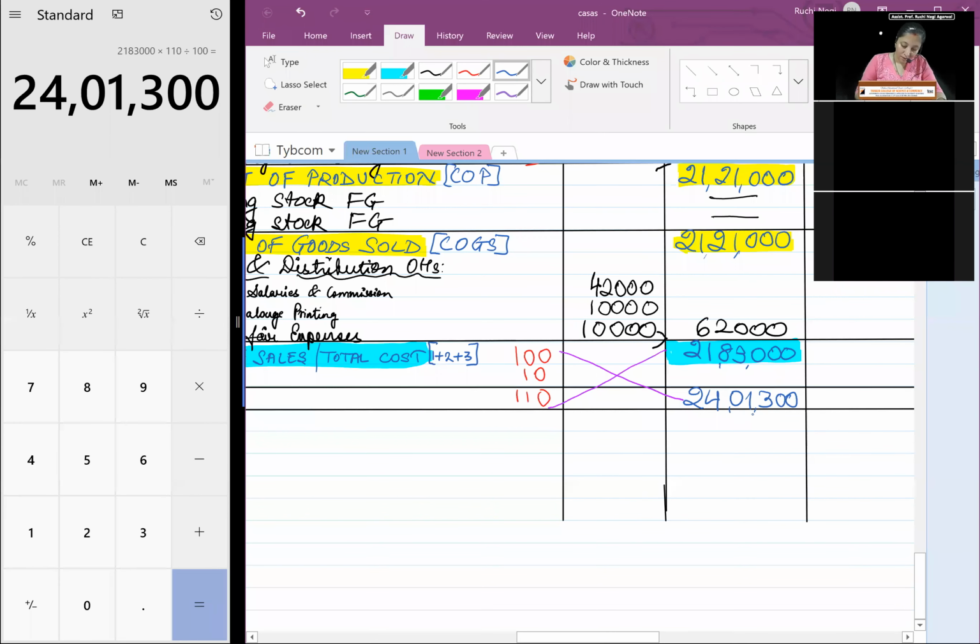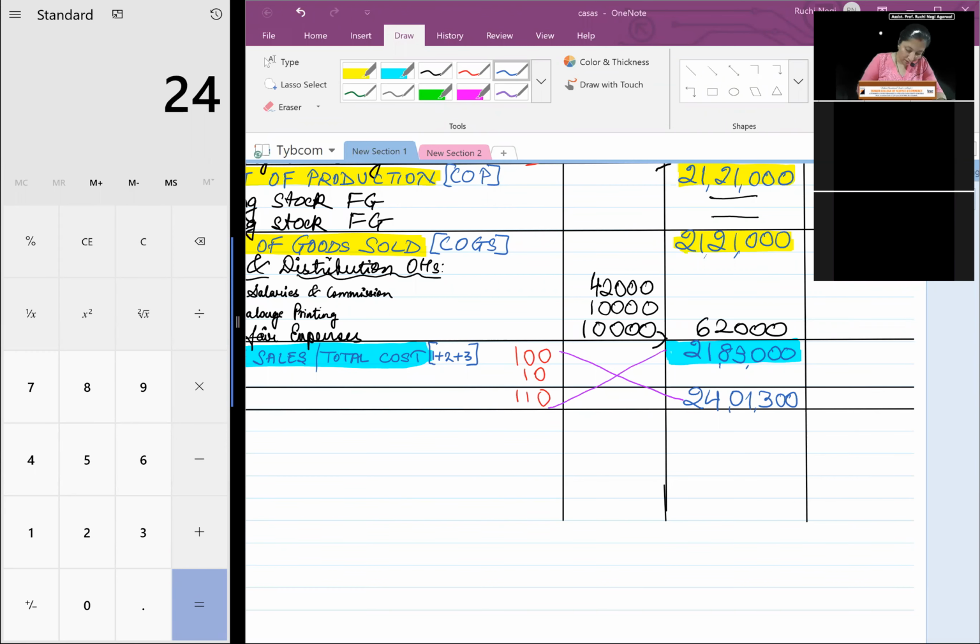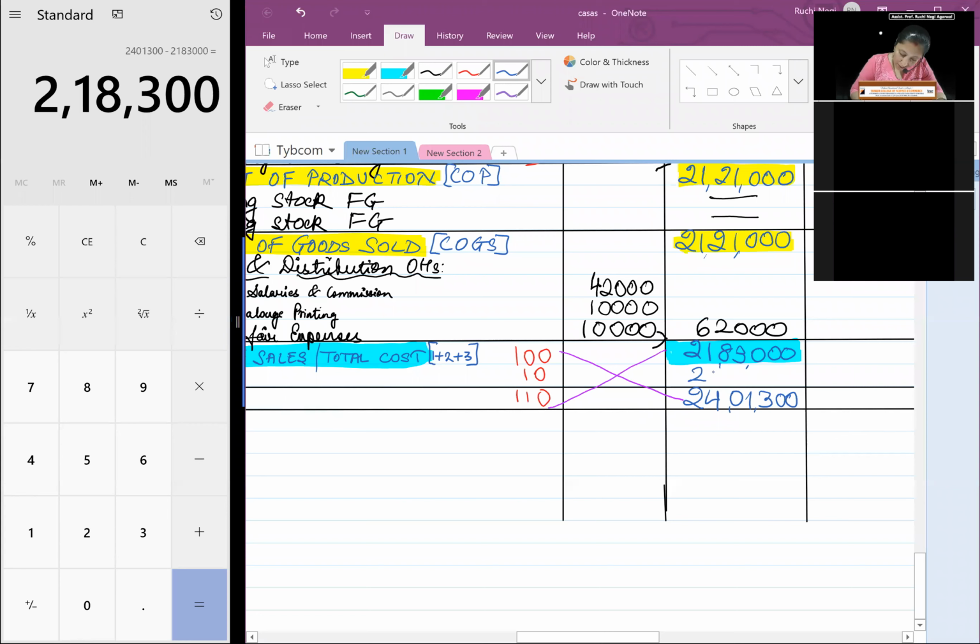Now calculate profit. Sales minus cost is profit. So 24,01,300 minus 21,83,000. My answer is 2,18,300.